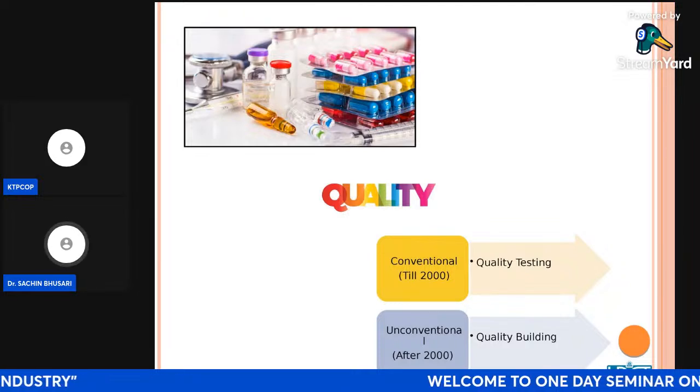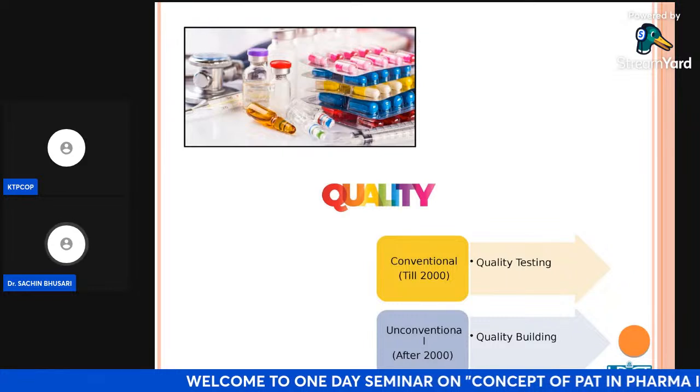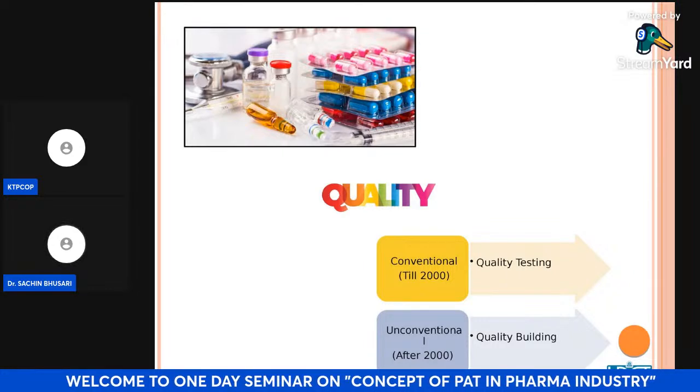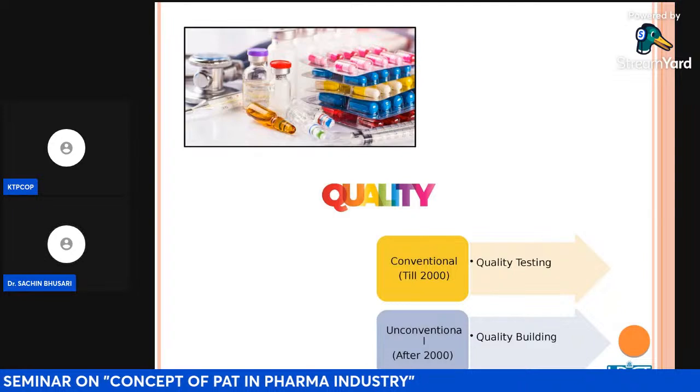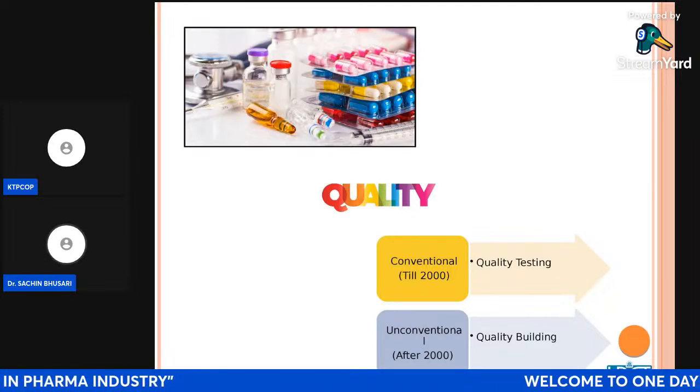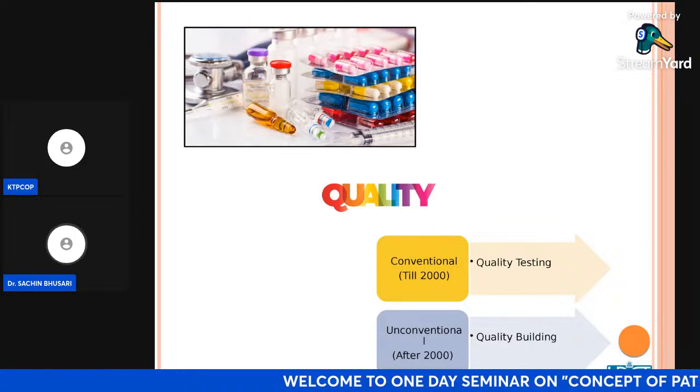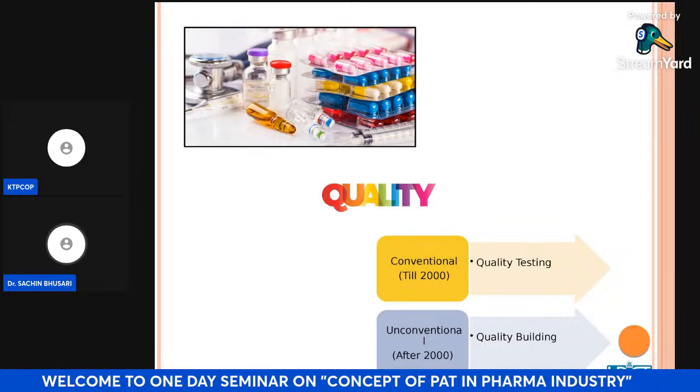Am I right? So we are all concerned about the quality of food as well as pharma. I'll be focusing my discussion on pharma itself, but you can consider that food is also part of our discussion. But for today's session, I'll be more towards pharmaceuticals.